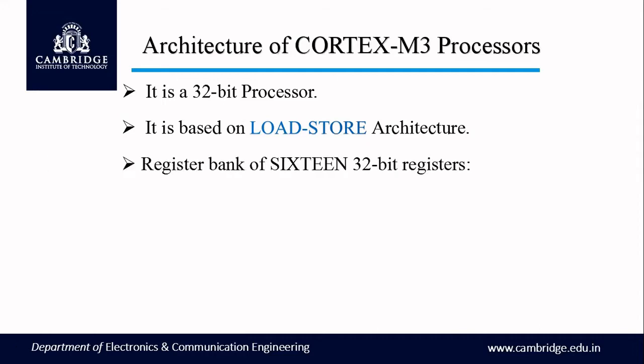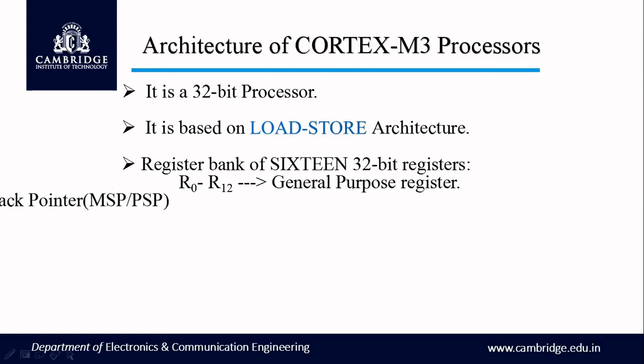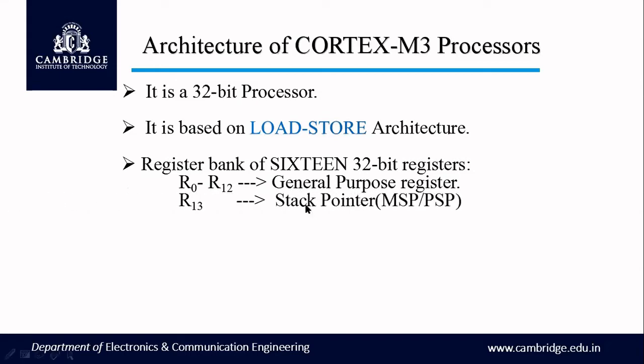Coming to the register set, it has a register bank of 16 registers. Each register is 32 bits in size. So there are 16 32-bit registers R0 to R15, out of which R0 to R12 are general purpose registers. R13 is used as stack pointer, so it can be used as main stack pointer or process stack pointer.